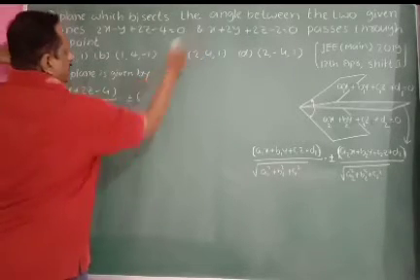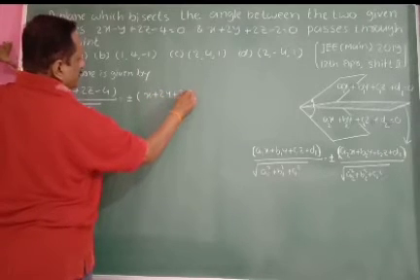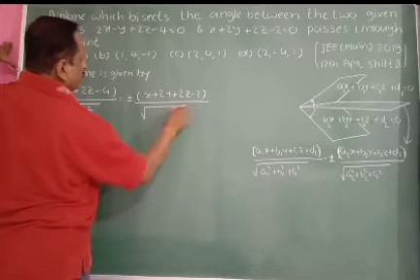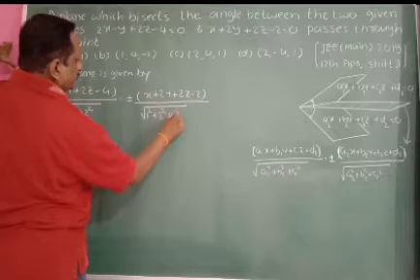the other equation, x plus 2y plus 2z minus 2 divided by root of 1 square plus 2 square plus 2 square.